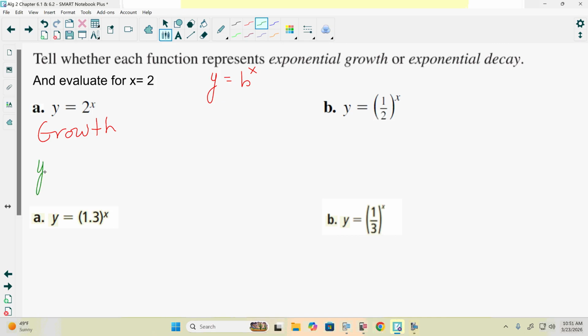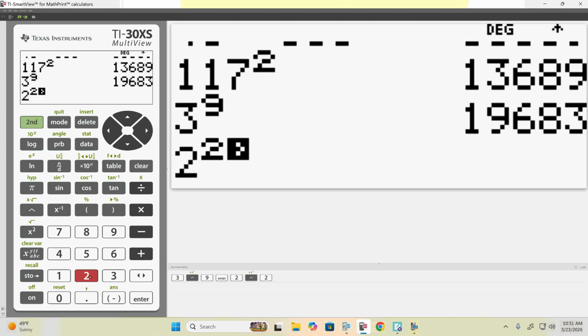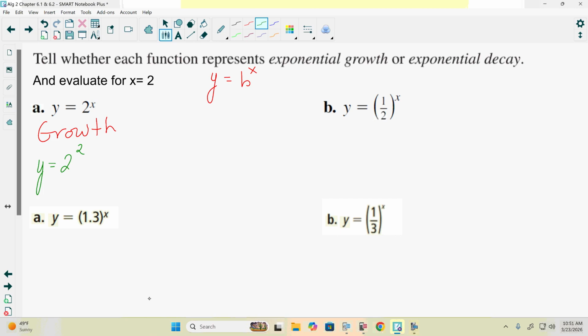Now we also need to figure out what the value is when x is 2. To the second power, I'd grab the calculator. I'd still do it along with me. 2 squared is 4, so we know that when x is 2, the y value is 4.